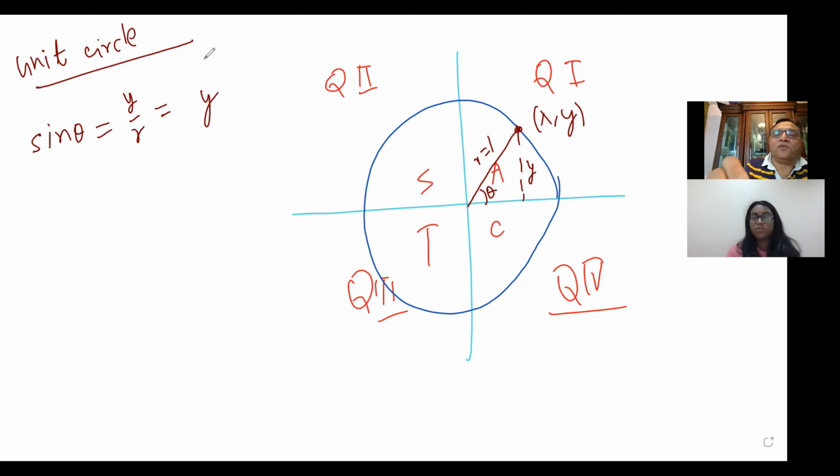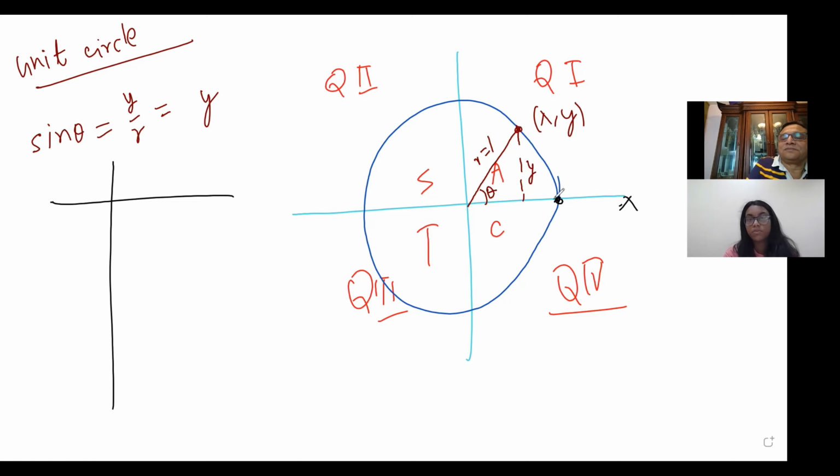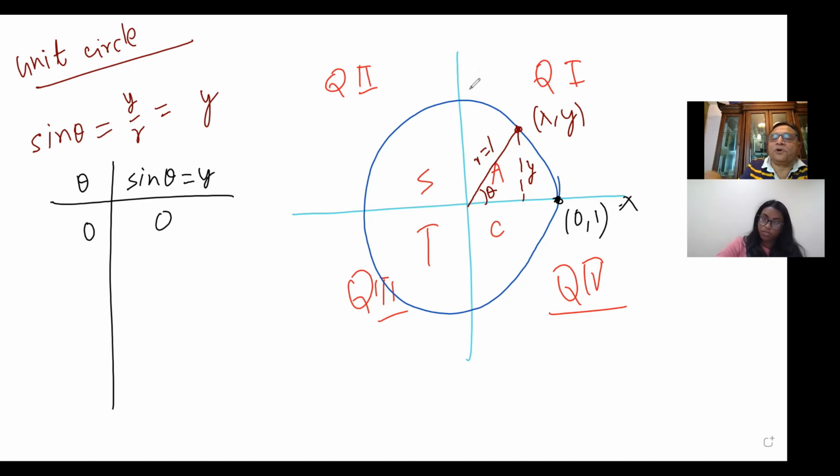Now, if you start with a point right here on the x-axis, then what is the y value? 0, right? So if theta is equal to 0, then the y value, or sine theta, which is equal to y, is also 0, right? This coordinate point is 1, 0. Is that clear to you? As I move this point here, at this particular point, theta becomes pi by 2, correct?